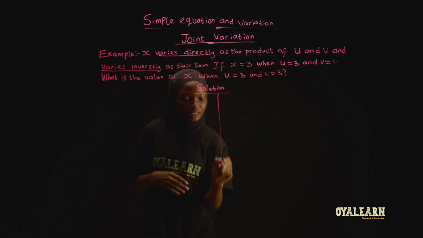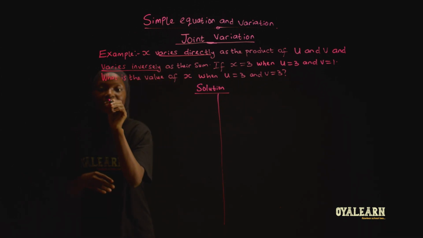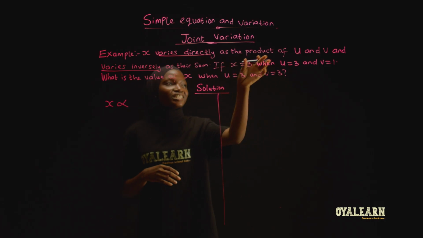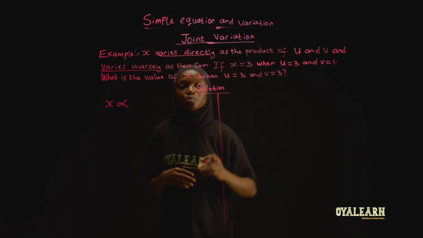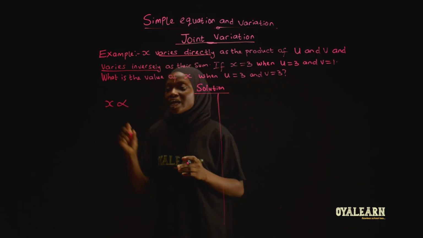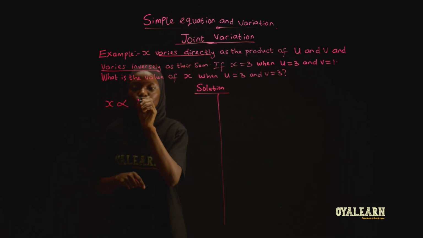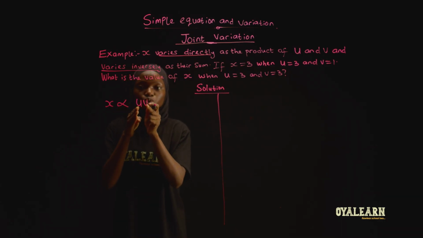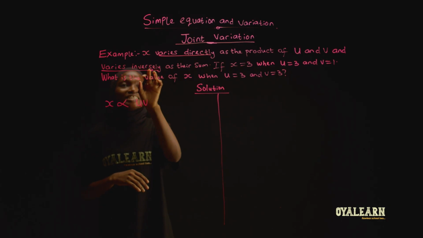Let's analyze that statement. They said x varies directly as the product of u and v. Now product of u and v means u times v, and u times v is the same thing as having uv. And since x is varying directly as that, we have x varies directly as the product uv, and varies inversely.